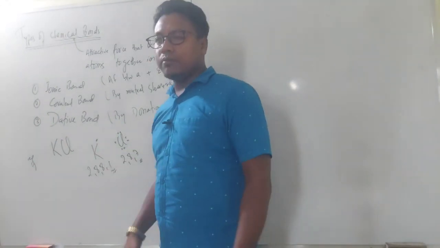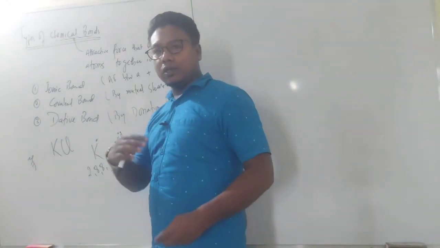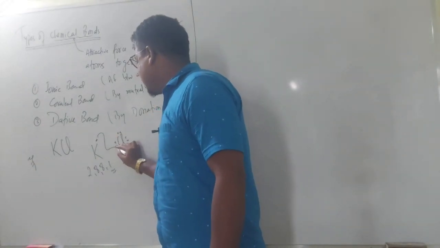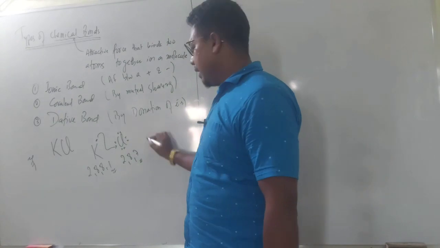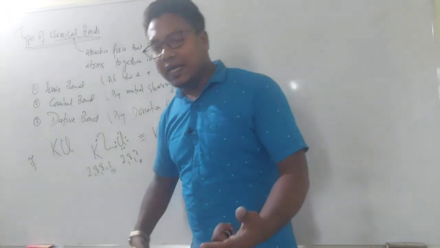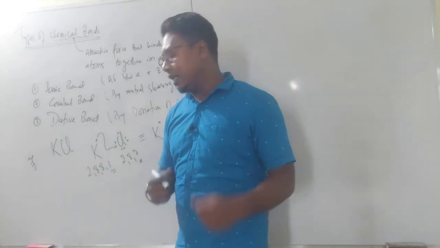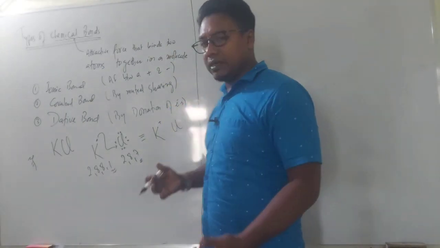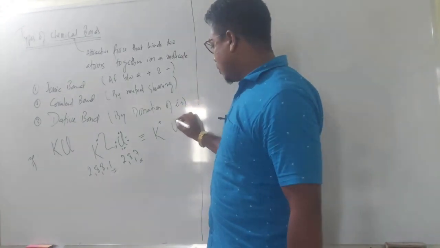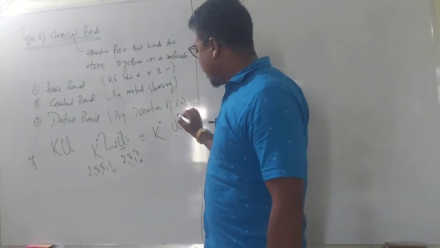So potassium gives away one electron so it forms cation, and the chlorine accepts one electron to form an anion, so this can be written as chloride ion.